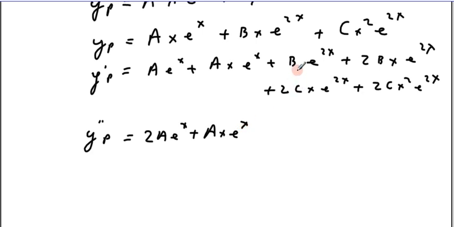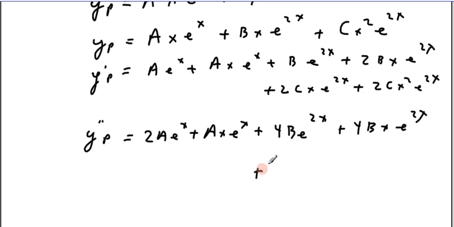I have a b plus another 2 b's over here, so I'm going to have 2 b's here. 2 b's plus 2 b's gives me 4 b's. And so 4b e to the 2x. And then I'm going to have plus 4bx e to the 2x.